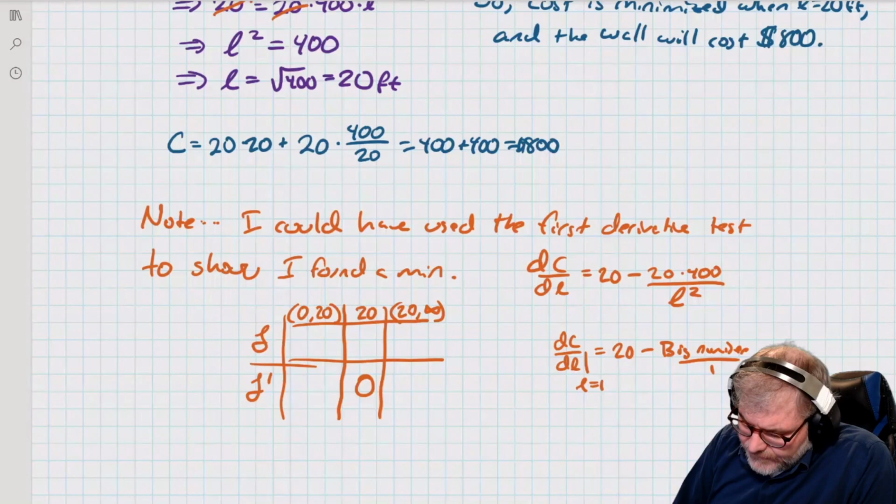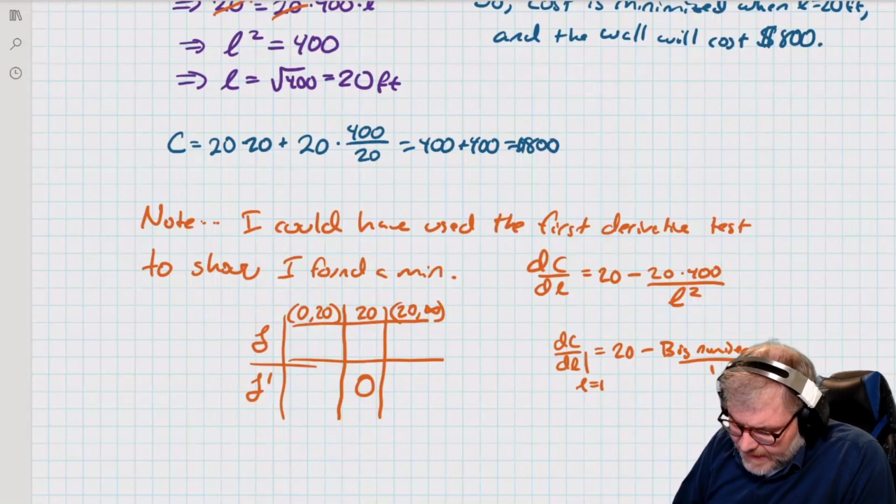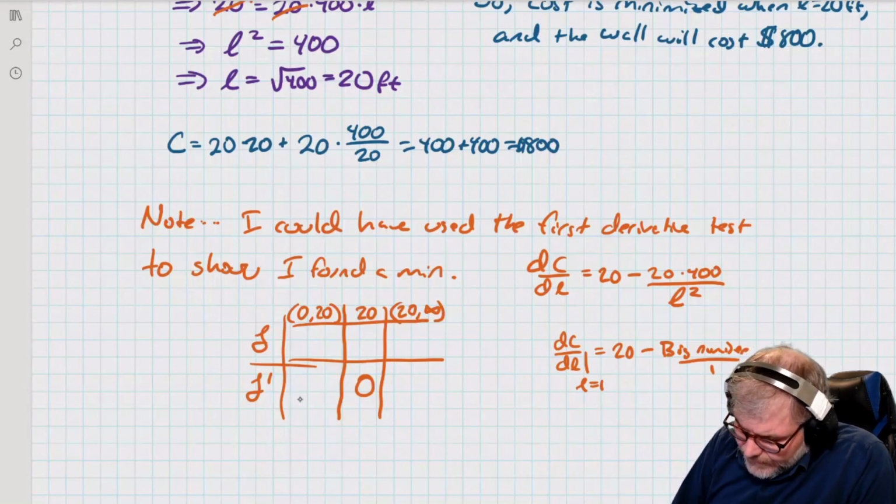Okay. So if I had some big number over 1, that's going to be less than 0. It's 20 times 400. But the point is, it's big and it's less than 0. So this right here is negative. That means I was decreasing on that side.